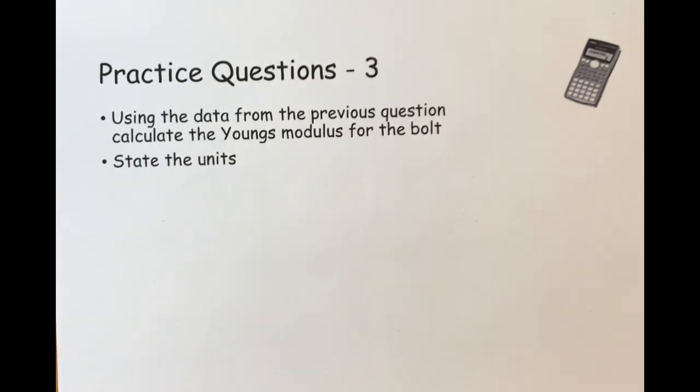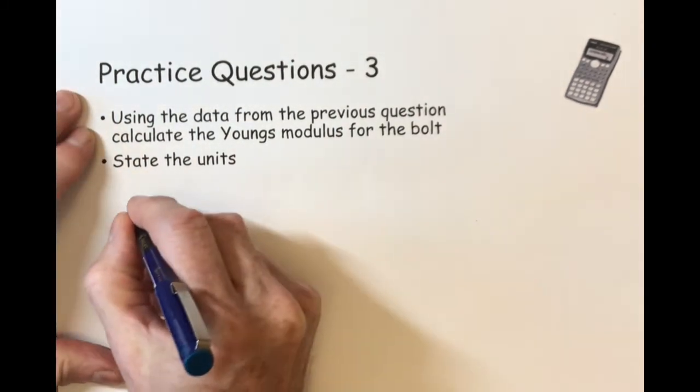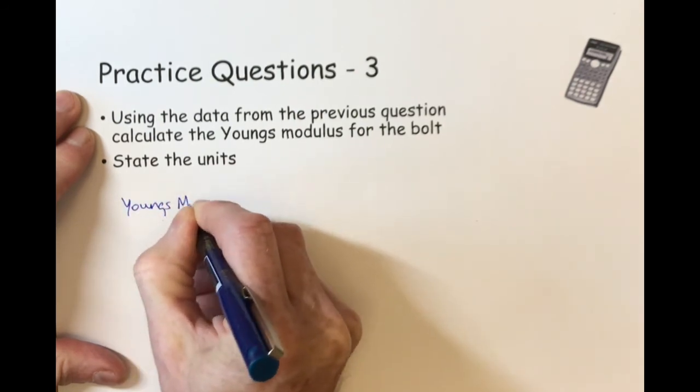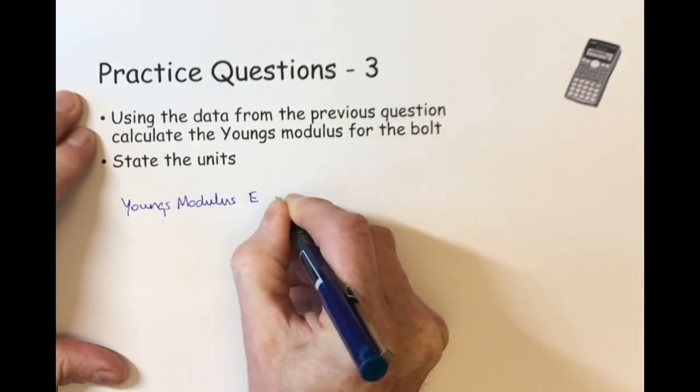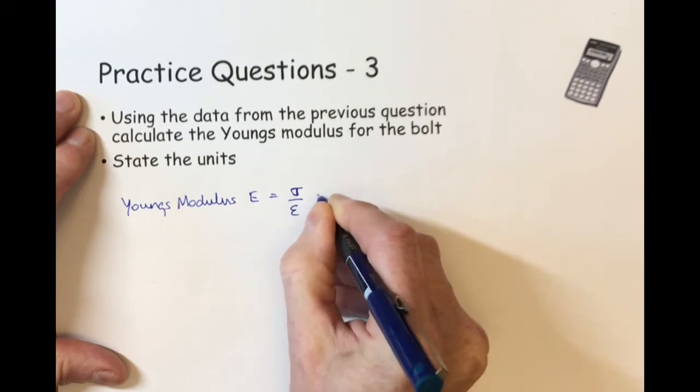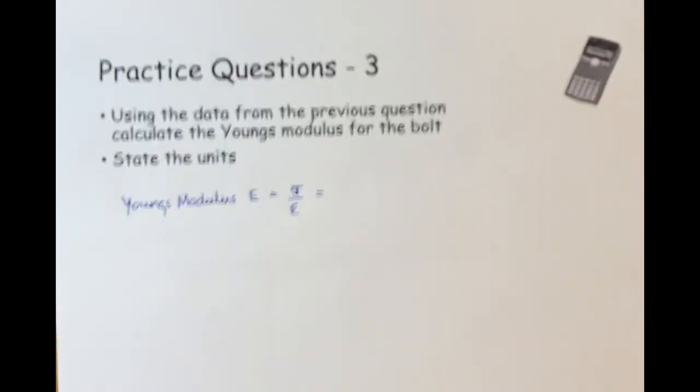Okay, so for question 3, we're using the data from the previous questions and we've got to calculate the Young's modulus for the bolt. And again, state the units, get into the habit of always doing that. So we know the formula for Young's modulus, we know that's stress over strain, so I'll write that out. Young's modulus equals stress over strain.